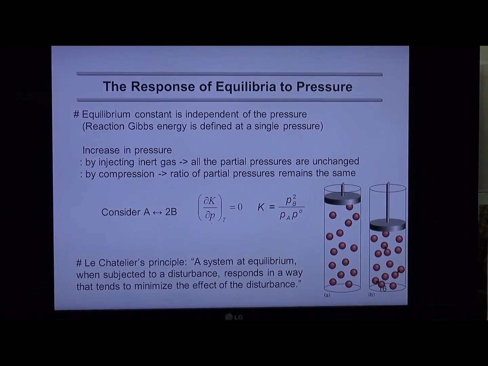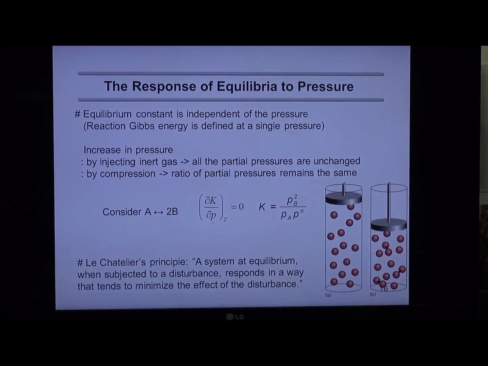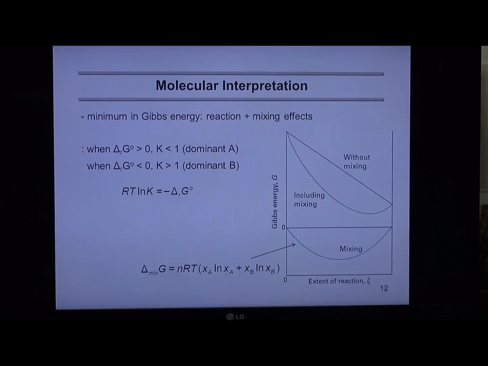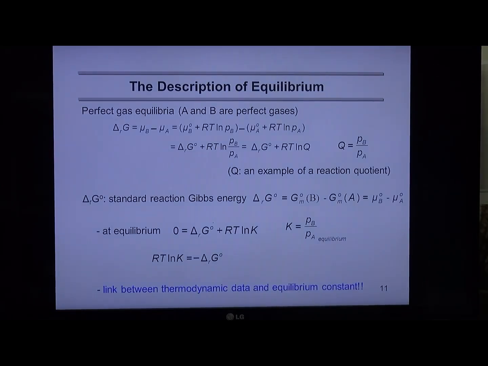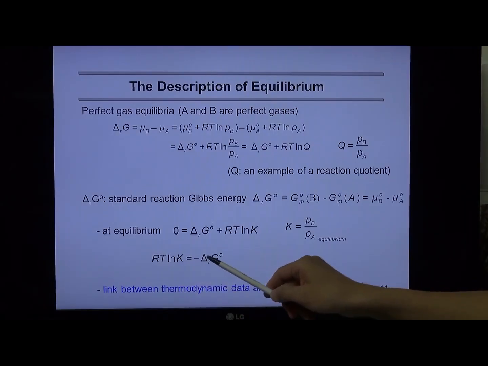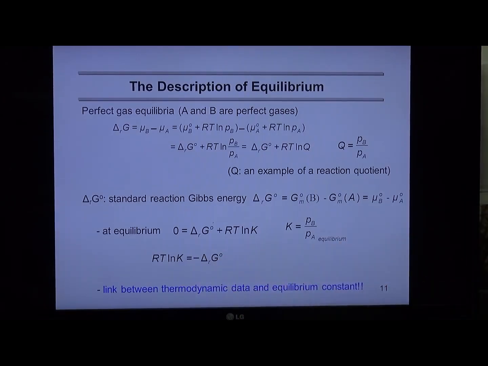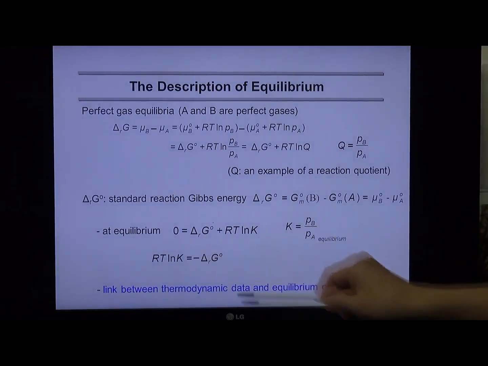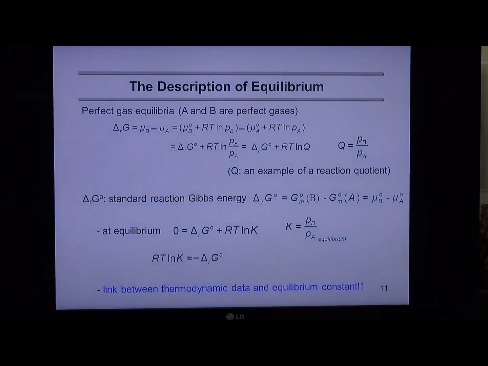The reason why is that, let's review. Let's go back to the previous slide. Equilibrium constant: RT ln K is equal to minus ΔrG naught. This is the standard reaction Gibbs energy, right? So it's basically a certain number for a specific chemical composition.